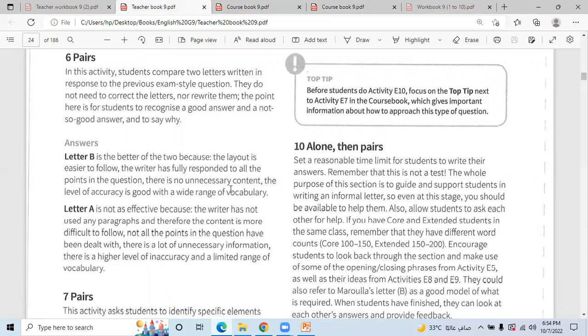Letter A is not as effective because the writer has not used paragraphs, and therefore the content is more difficult to follow. Not all the points in the question have been dealt with, there's a lot of unnecessary information, and there's a high level of inaccuracy and a limited range of vocabulary used in letter A.